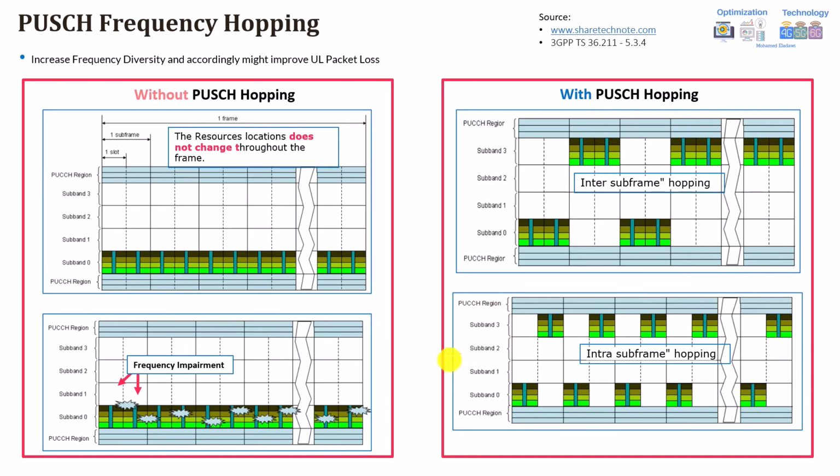So frequency selective will be more beneficial in this particular scenario because it selects the clean resource blocks from the beginning. In this case it can mitigate, but it cannot completely eliminate, because again you might have this kind of frequency impairment, for example in subband 3, whenever the allocation is done.